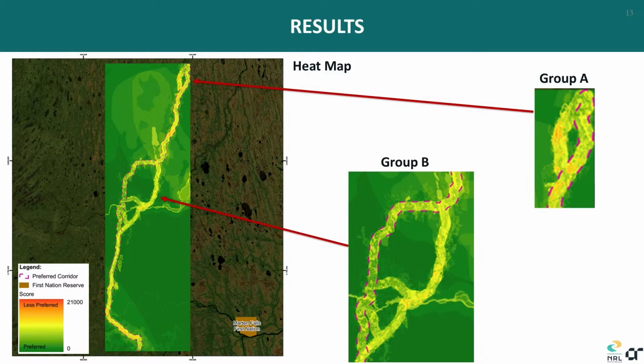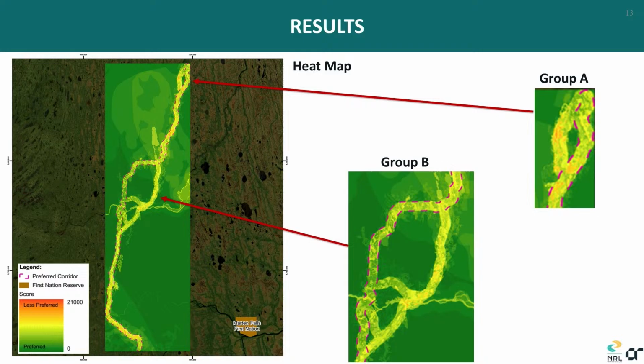Going from orange to green is from less preferred, really dark orange, to preferred, dark green, meaning less of an impact based on the weightings and the scores and the layers that were input. And remember, those layers represent what people have identified as important for consideration in looking at these projects.